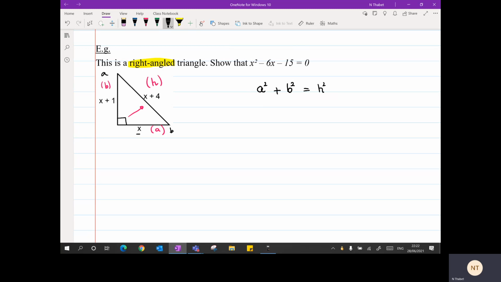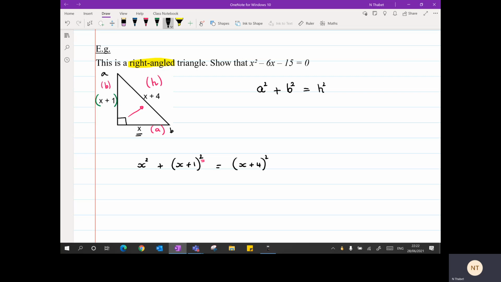A squared, well, A is x, so it's just x squared, plus b squared, it's x plus 1, so this goes into a bracket, x plus 1 squared. It's not x squared plus 1 squared, it's the whole thing squared, like this. And then equals h squared, which is x plus 4 squared.